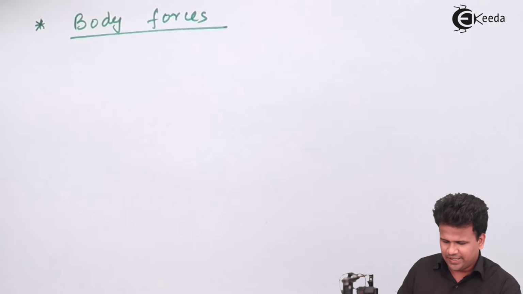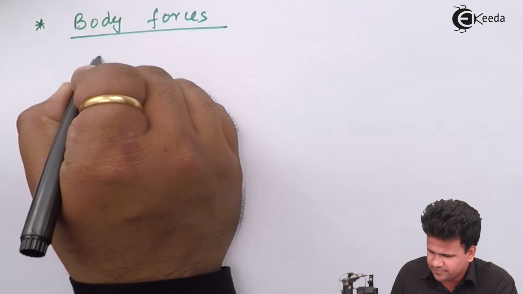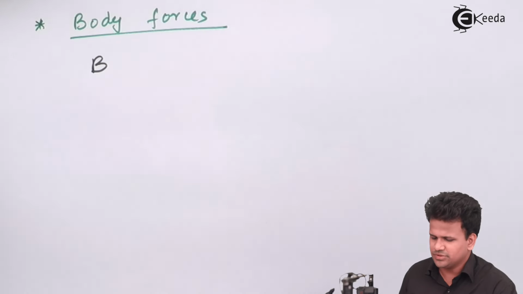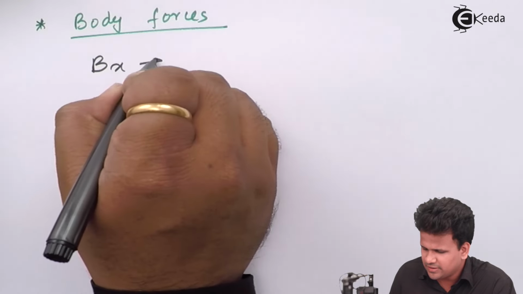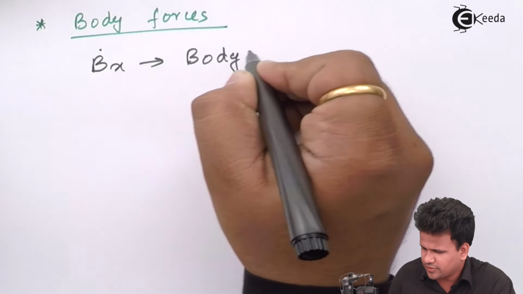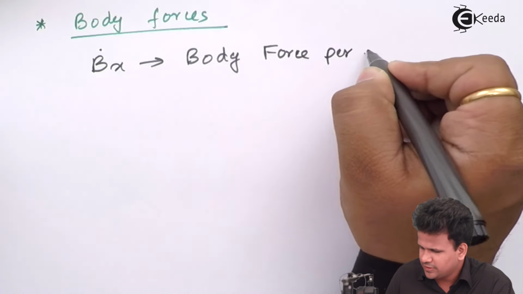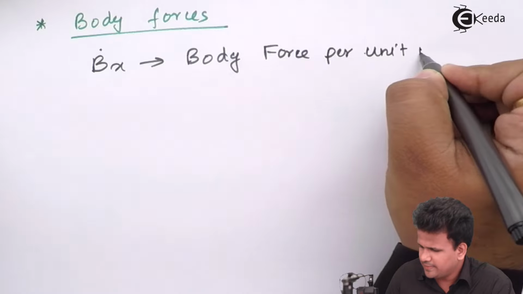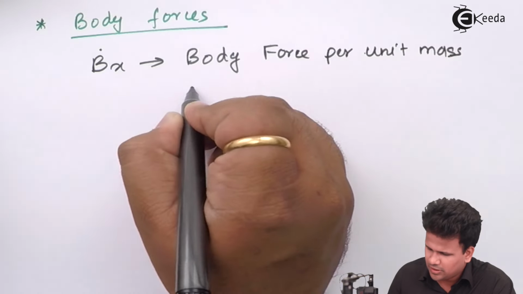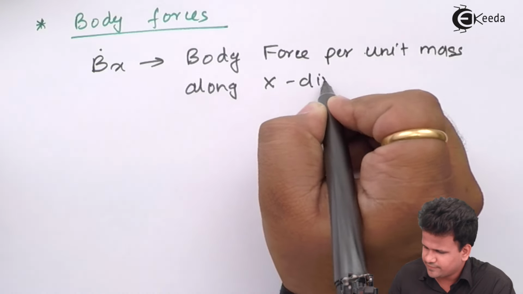Now we will define three forces. Let us define body force as B. It is a kind of force. Bx will be denoted as body force per unit mass along the x direction.